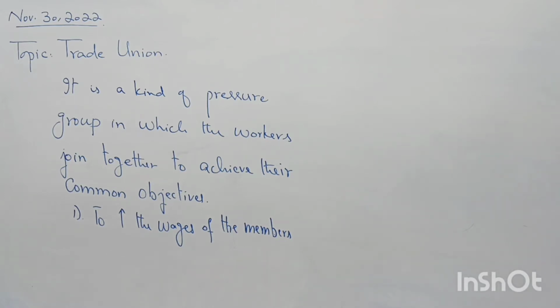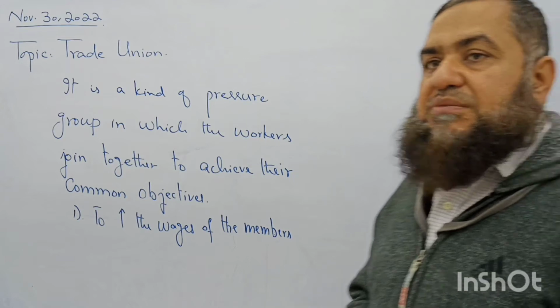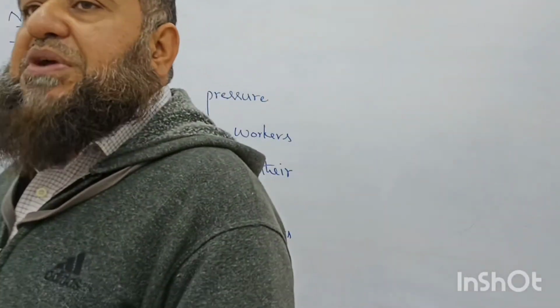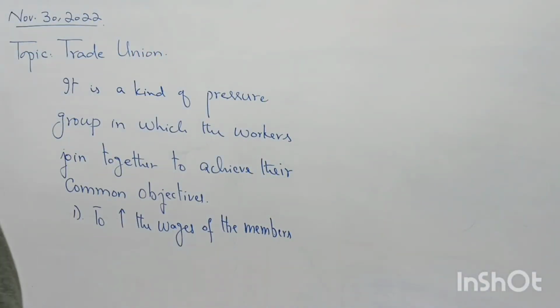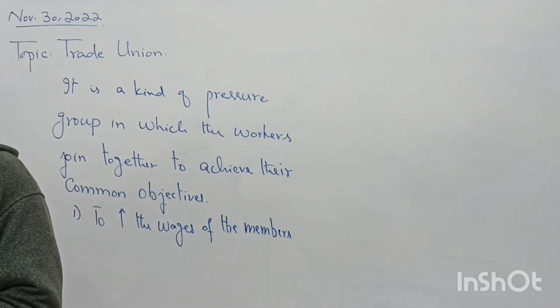When aggregate demand in the country is increasing, more labor is demanded, so existing workers will also ask for an increase in wages as new workers are hired at higher wages. Due to competition in the market, the firms are competing to hire the best workers. That is the second reason I give you.